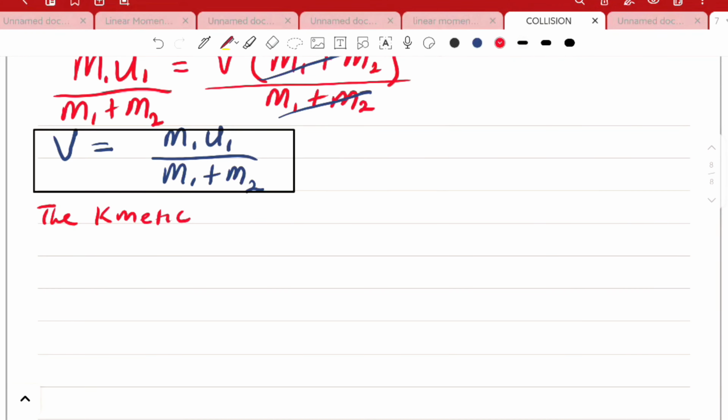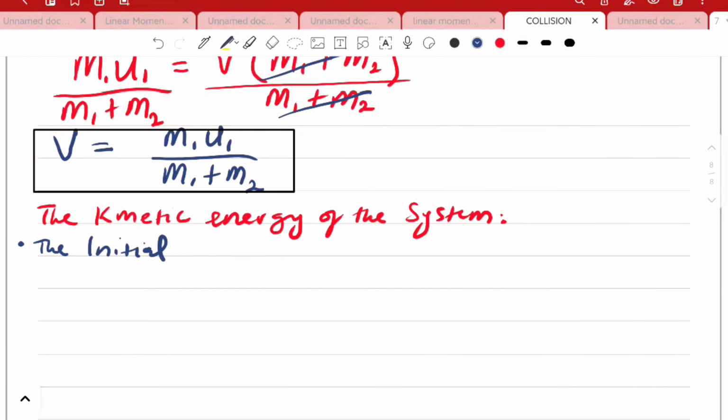It is very important. Now, how about if you are asked to calculate the kinetic energy of the system? Recall that kinetic energy is half mv squared. So we'll bring that idea into this. Are we together?